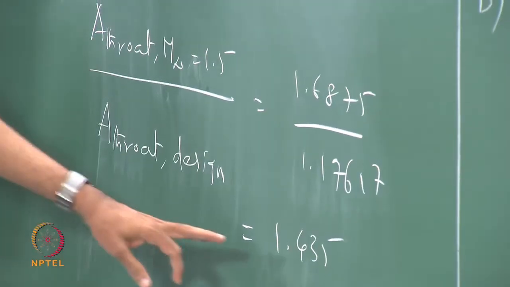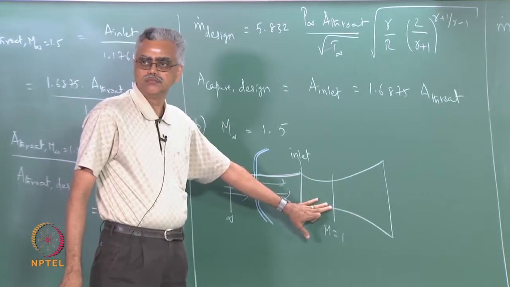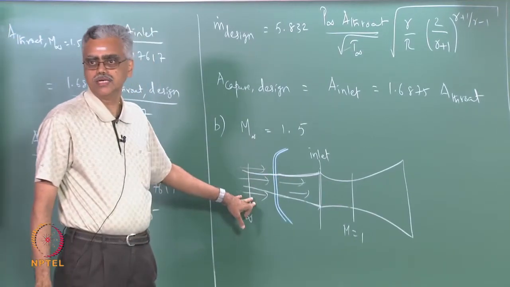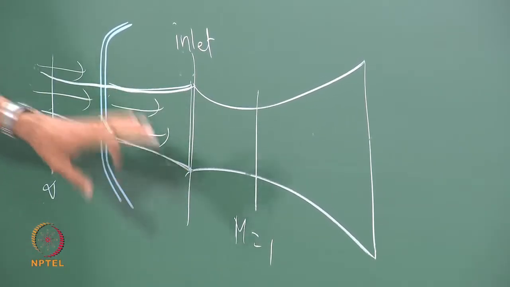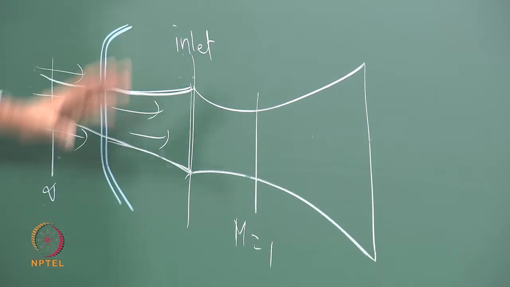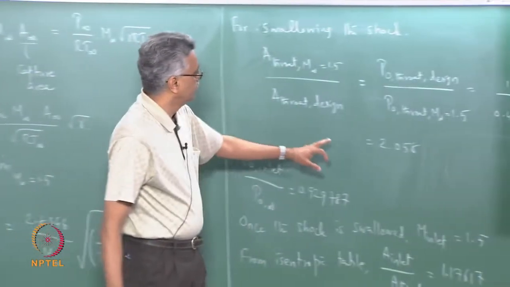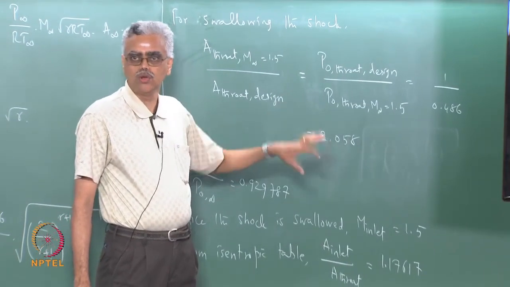Okay. So, what this is telling me is if I keep the throat area the same, even in the off design operating condition, there will be a normal shock and a loss of stagnation pressure. However, if I increase the throat area to a value which is equal to this, then the shock is swallowed.